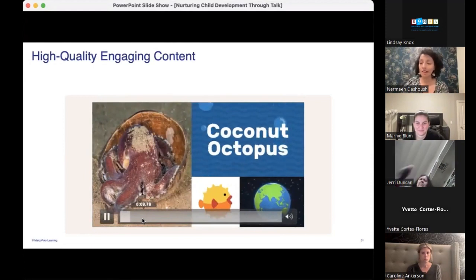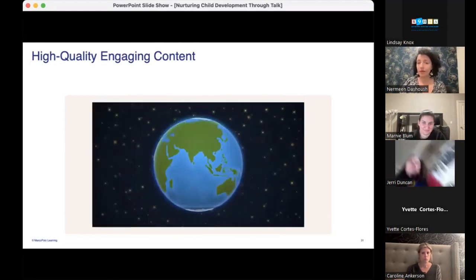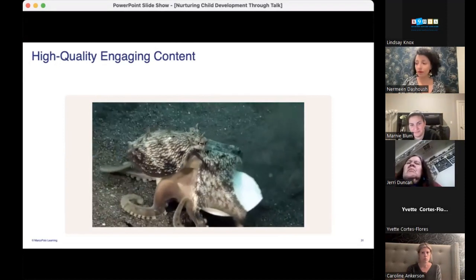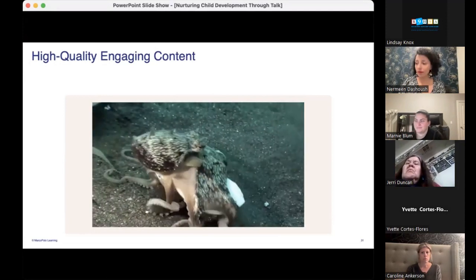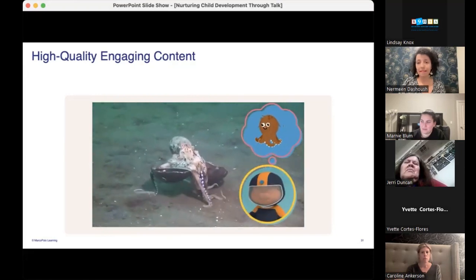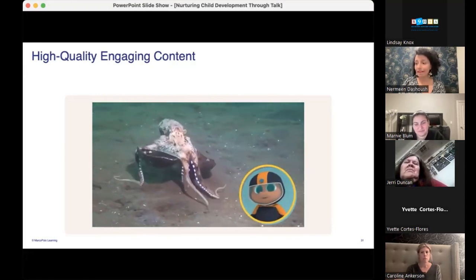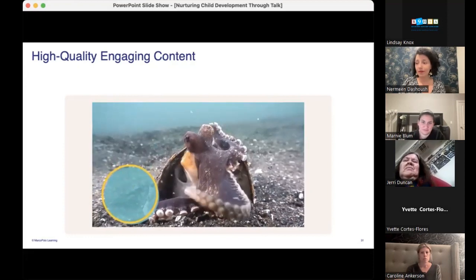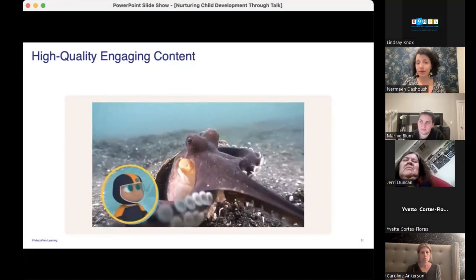Coconut octopus. Coconut octopuses are found on the floor of the Pacific and Indian Oceans. The coconut octopus is a cephalopod, which means it has tentacles attached to its large head. A coconut octopus? It's not actually a coconut. It's just called that because of how it uses the coconut. In the open water, there aren't a lot of places to hide from predators.